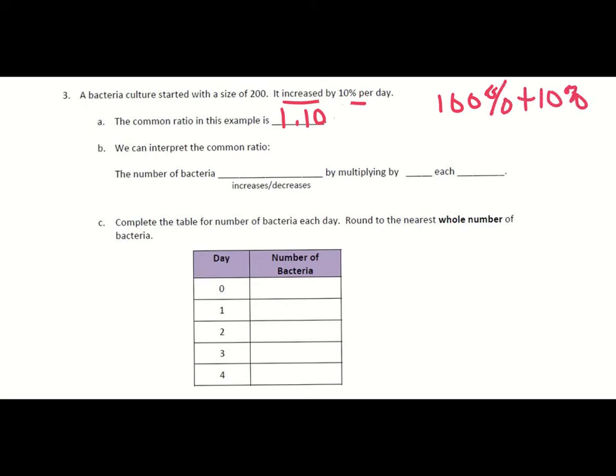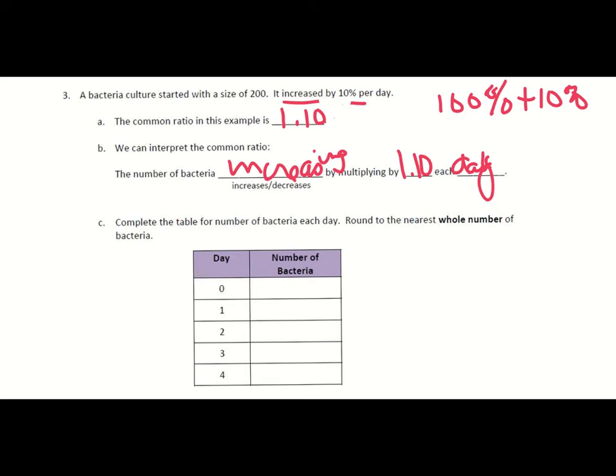So we can interpret your common ratio: it's increasing, multiplying by 1.10 each day.